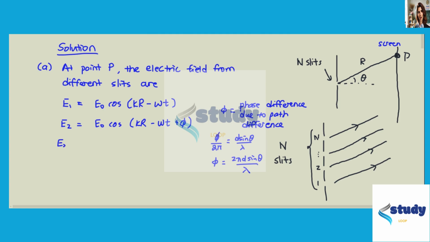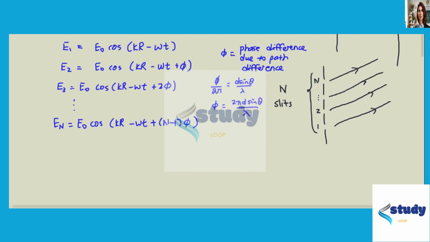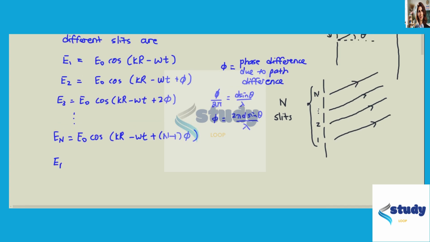Then E3 will be E naught cosine of kr minus omega t plus 2 phi, and you keep doing this until you get the electric field due to the nth slit, E naught cosine of kr minus omega t plus n minus 1 phi. The electric field at point P at an instant will be E1 plus E2 plus E3 up until En.